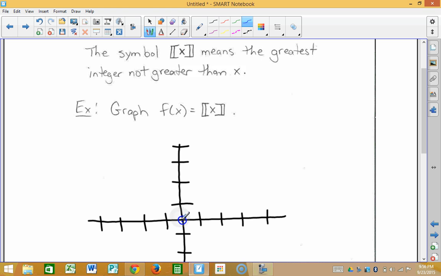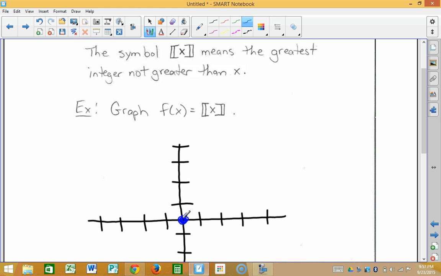So how are we going to graph this? It's a little bit confusing. So we plot 0. Let's think about decimals here. If I put in 0.1, we want the greatest integer not greater than 0.1. Well, that would be 0.